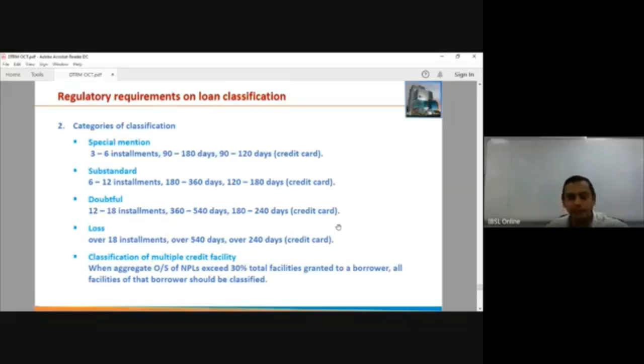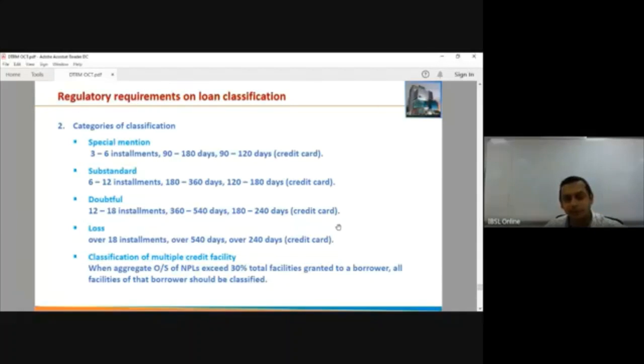So the doubtful category is 12 to 18 months of installments, or 540 days. In the case of credit cards, 240. And if the customer is still not paying, then that loan needs to be transferred to a category called loss. So any loan not paid for 18 installments or 540 days, that is loss. In the case of credit cards, anything not paid over 240 days is loss. Right? So these are the main classifications.